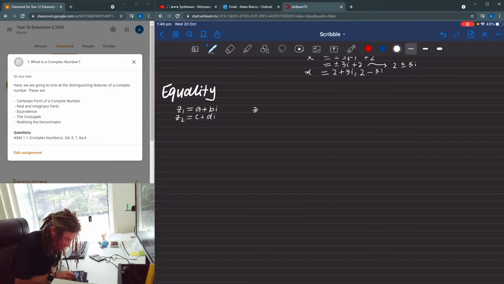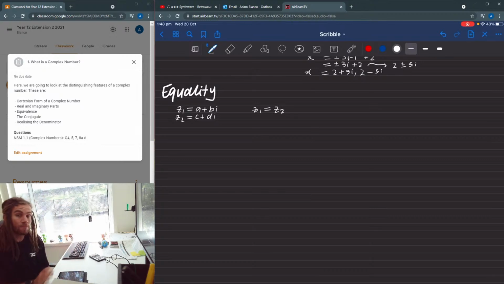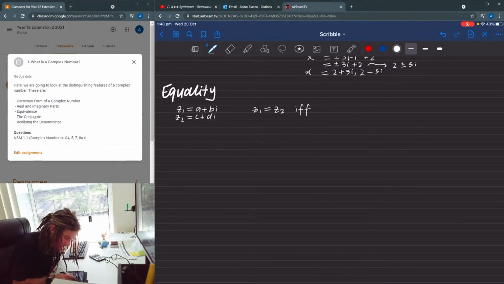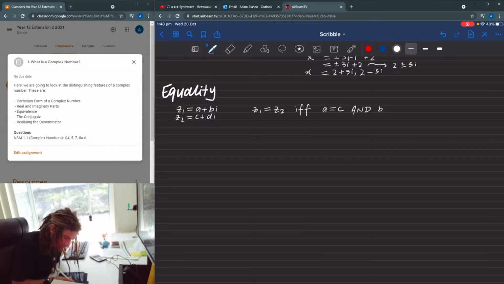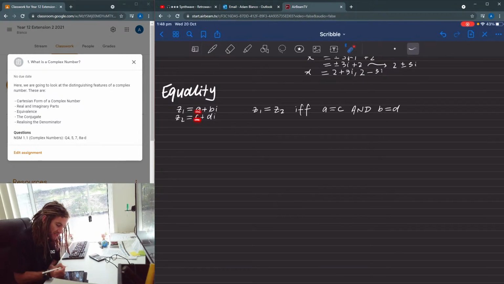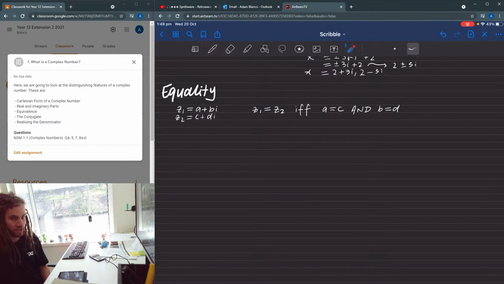Z1 is equal to Z2, so two complex numbers are exactly the same, if and only if a and c are the same and b and d are the same. All that means is if these two numbers are the same and these two numbers are the same, then the two complex numbers are the same. That's all that means, which should be pretty straightforward.